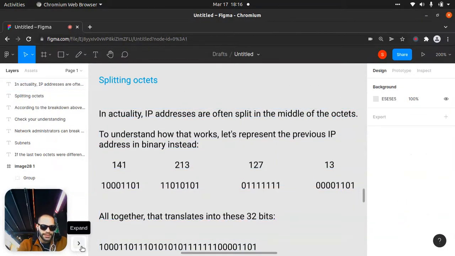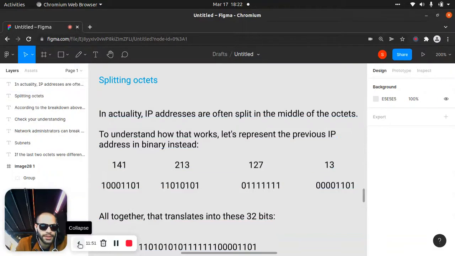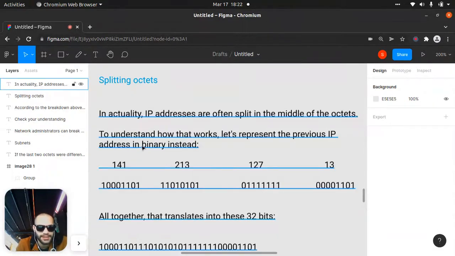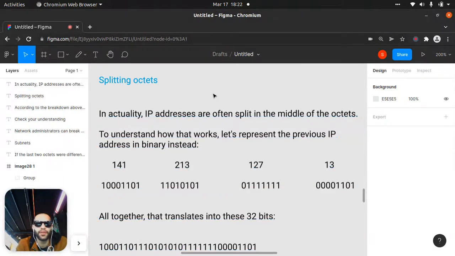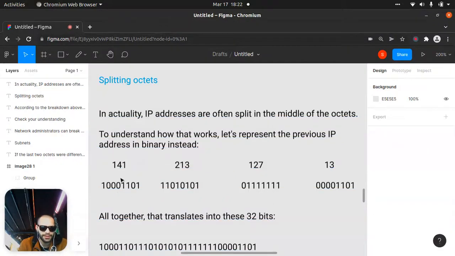Splitting octets. Well, yes, my friends, now let's look here. In actuality, IP addresses are often split in the middle of the octet, which we'll see now. To understand how that works, let's represent the previous IP address in binary instead. 141, if we look at the binary, we will see that. We know how to calculate, right?